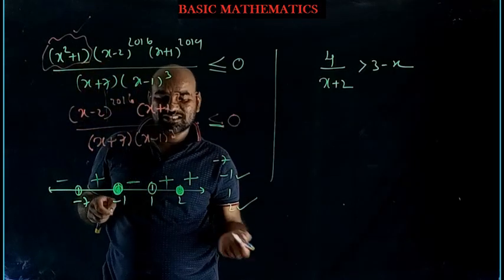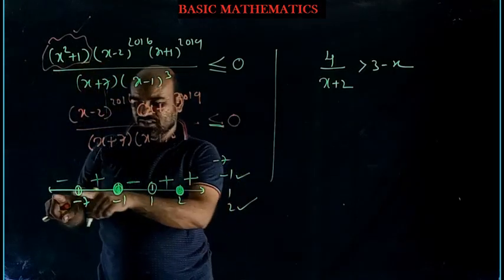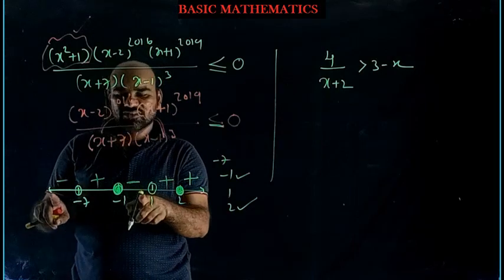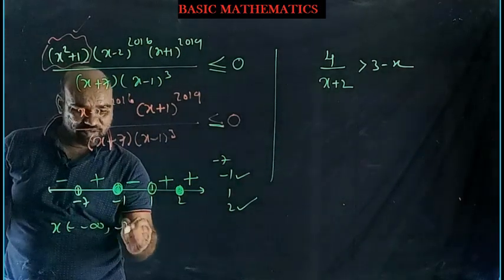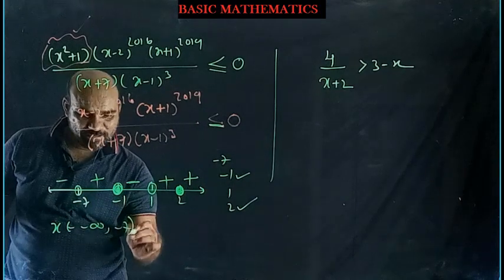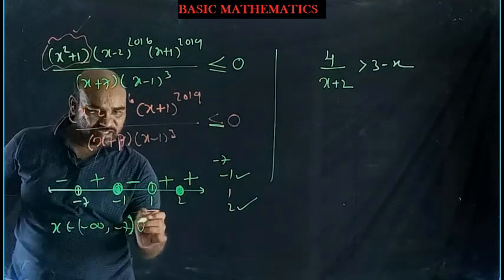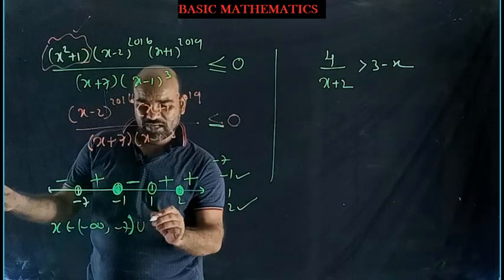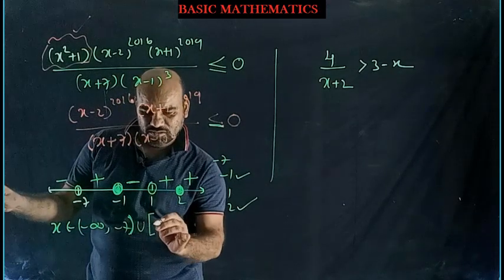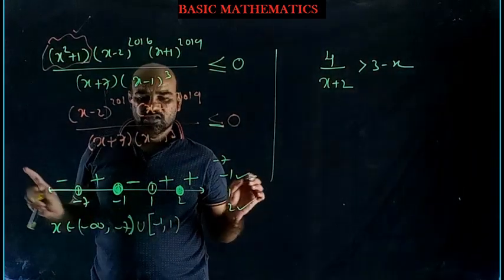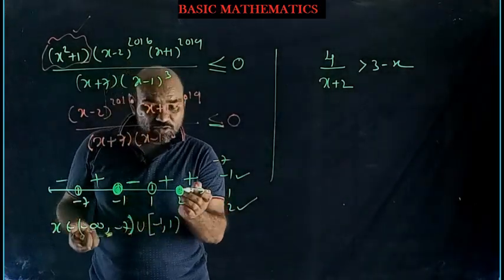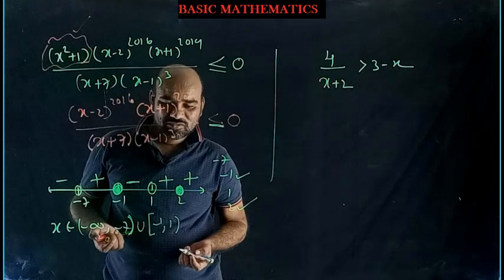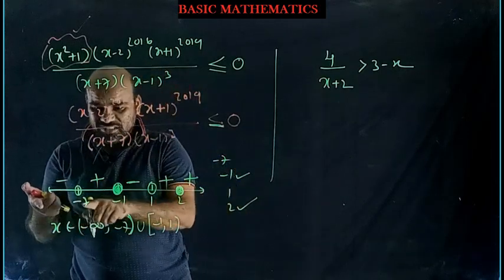You want the negative symbols. So x belongs to minus infinity to minus 7, minus 7 open, union minus 1 to 1, minus 1 closed, 1 open. But this is not the right answer, because what about 2? 2 is a solution of the problem. So, okay, minus infinity to minus 7.